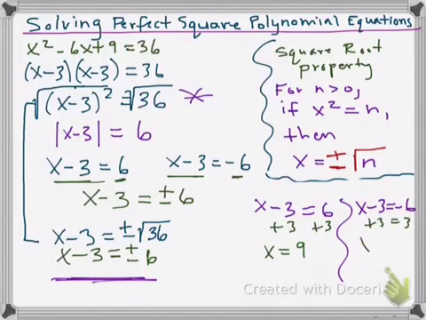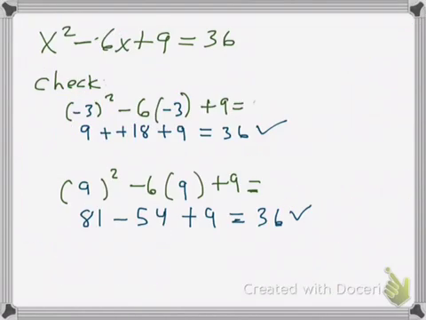And over here we have x equals -3. So for my solution set, I would write -3 and 9. And it would be wise to check my solutions as well because I may have made a mistake. To save time, I just checked them and you can see that both the -3 and the 9 work.